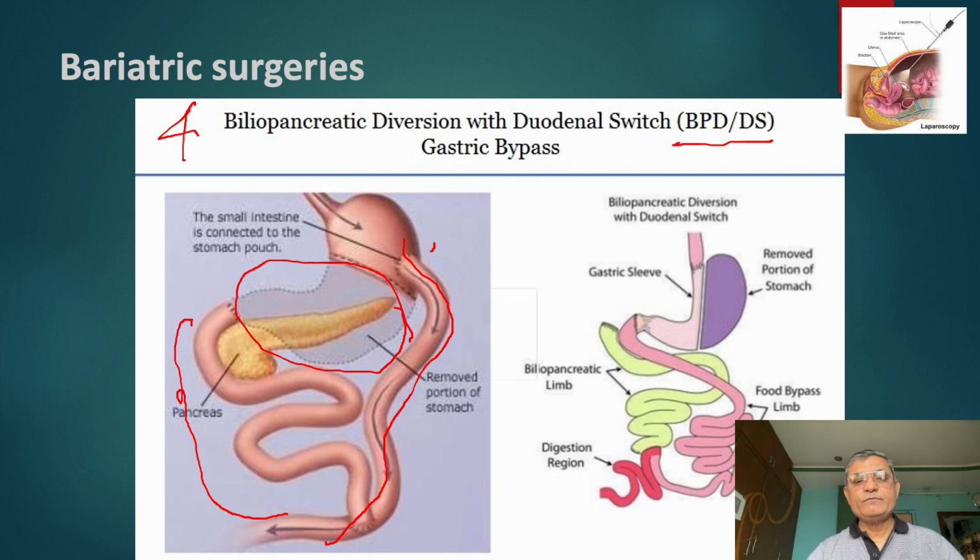It is to be kept in mind that this is a more complex procedure, and post-operatively the patients need dietary modifications and regular exercises. If these things are not adhered to, this may give rise to a lot of complications.